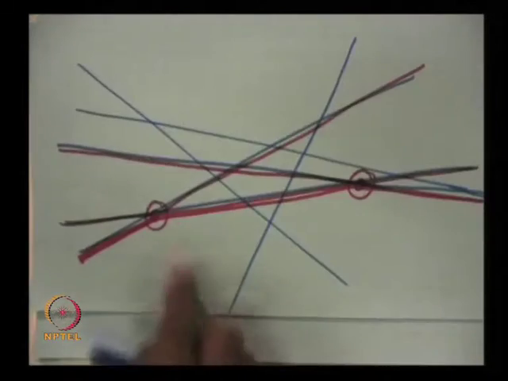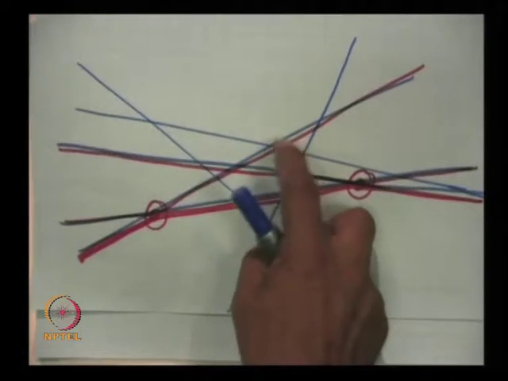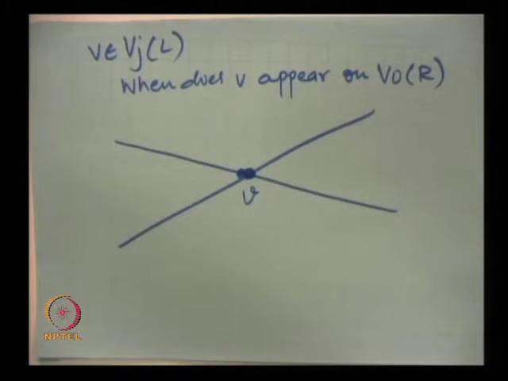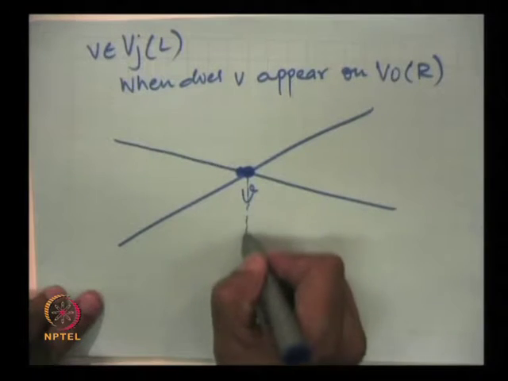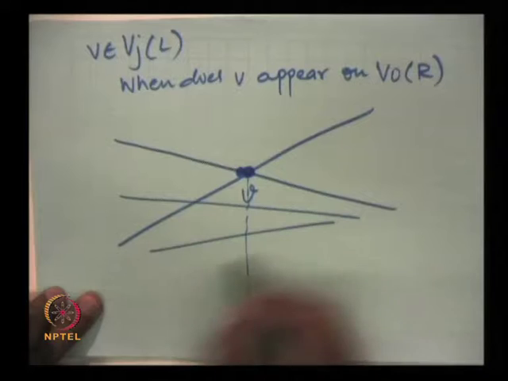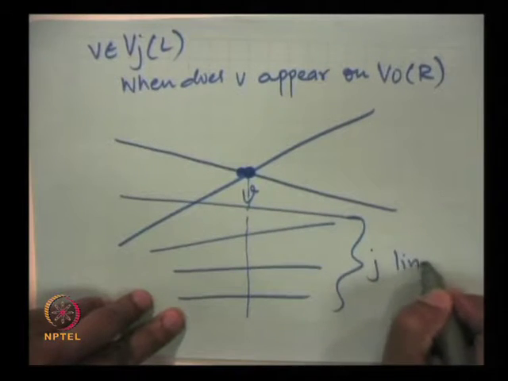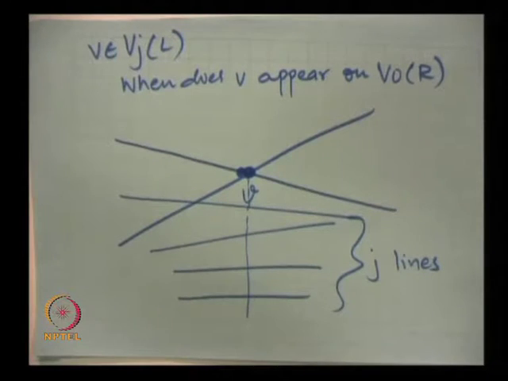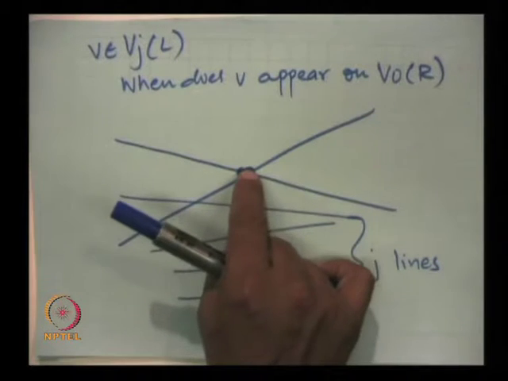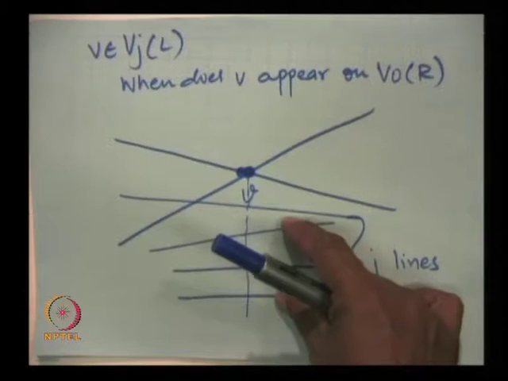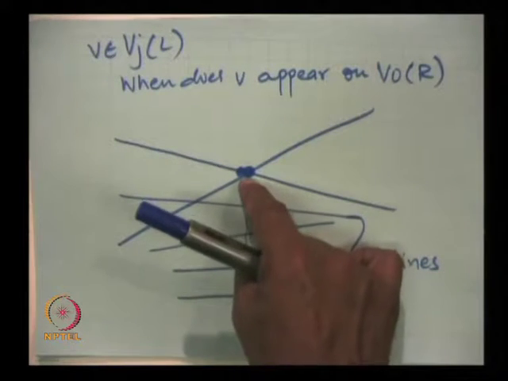Yes. So what is the problem? When does some arbitrary vertex appear here? Two things have to happen, am I right? Since its label is J, if you draw the lines below it, there are J other lines that lie below it. Two things have to happen for V to appear on the envelope. These two lines should have been chosen, and none of these lines should have been chosen, because if any of these lines is chosen, this vertex V will not appear on the lower envelope.